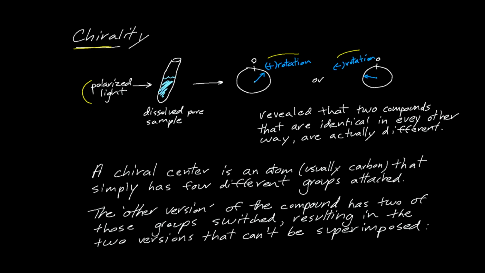The discovery related to this was that compounds that were otherwise identical in every way, which they thought was simply just one compound, rotated light in both directions, or one or the other, I should say. And so it revealed that that compound was in fact two different compounds.